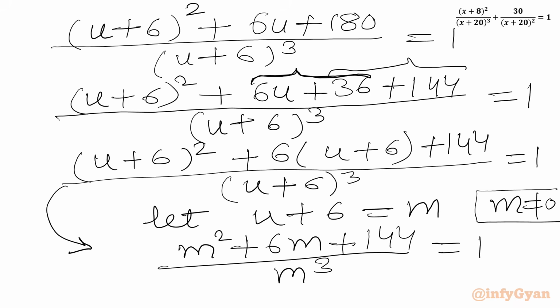Now m cannot be 0. I can multiply both sides by m cube. So in the RHS, we will multiply with m cube. Now from LHS, we will cancel m cube and m cube. So we will write our equation m square plus 6m plus 144 equal to m cube.